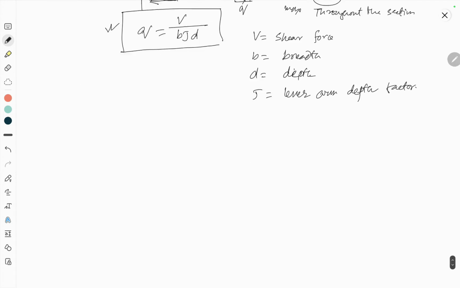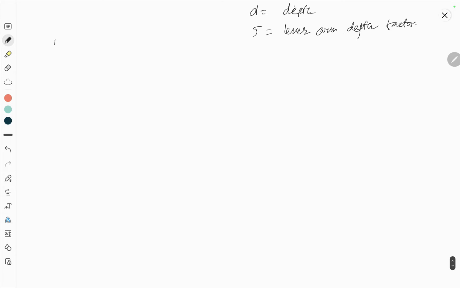But now I discuss the IS code approach. As per IS code, that is 456:2000, due to simplification, for easy calculation, we simplify this.